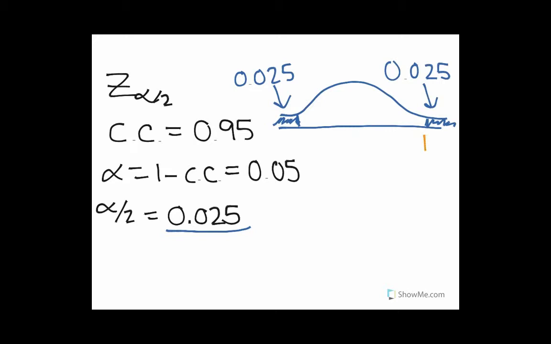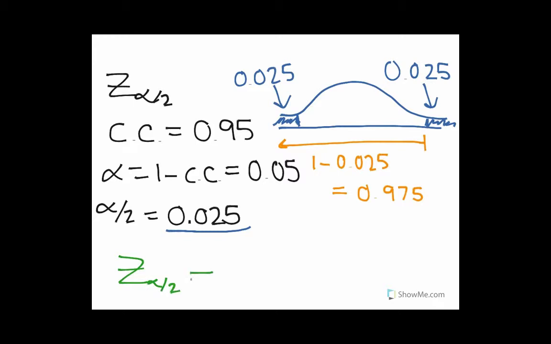If you can find everything besides 0.025 in your z-table, that will give you the positive z-value. It's the same thing. That value, 1 minus 0.025, is 0.975. If you look on your z-table and find that probability, you will find that the critical z-score is 1.96.